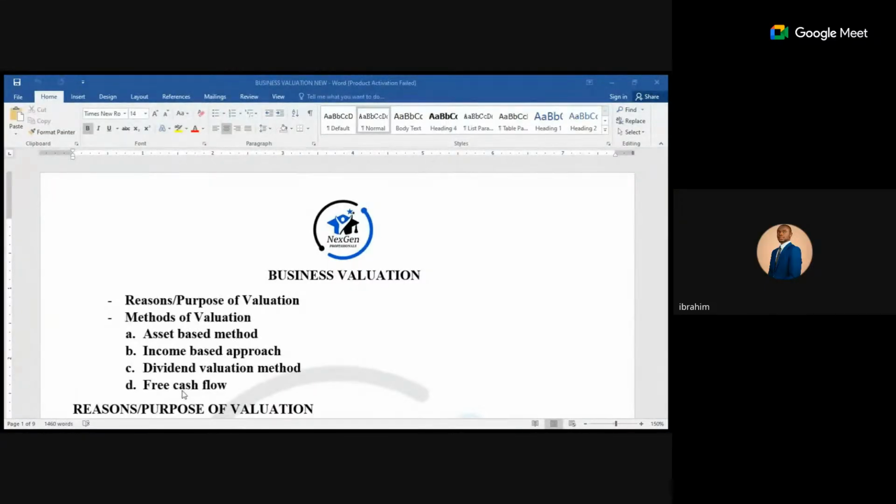For some of you that are into merger and acquisition, investment banking, investment analysts, portfolio managers, senior analysts can talk more about valuation, because directly or indirectly, they would have come across how valuation works practically.